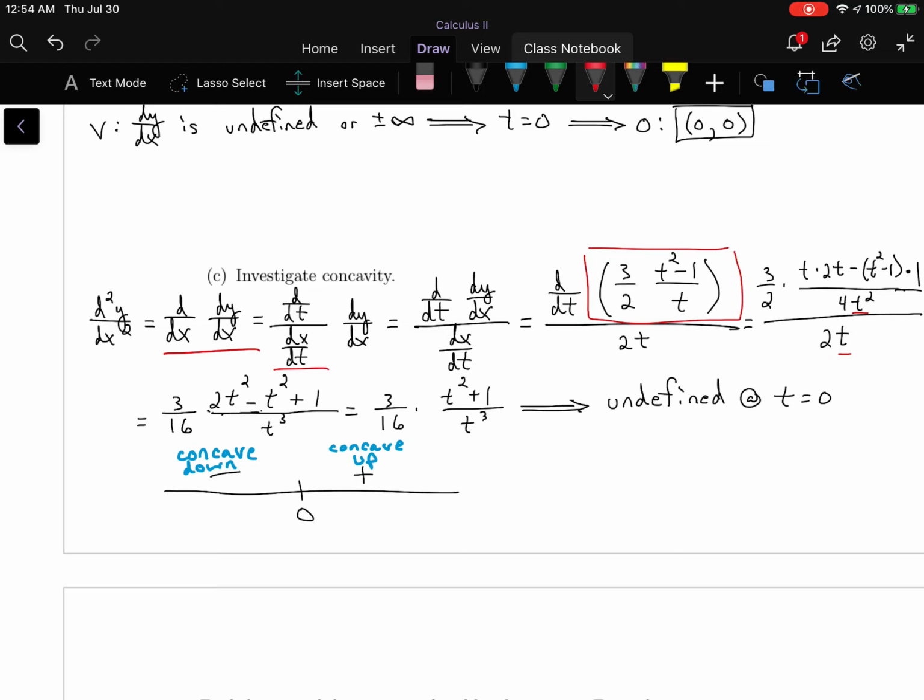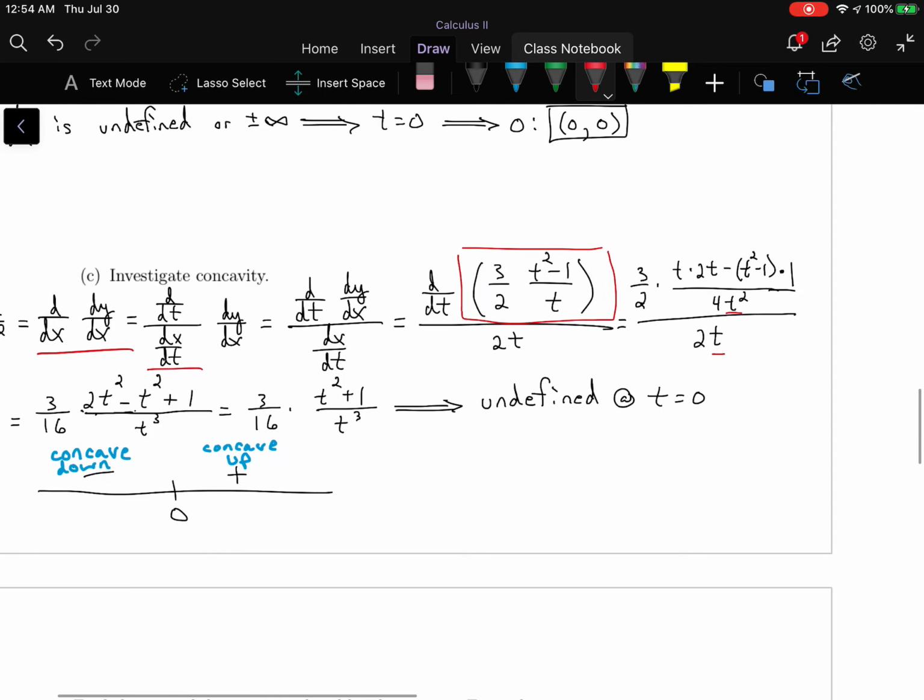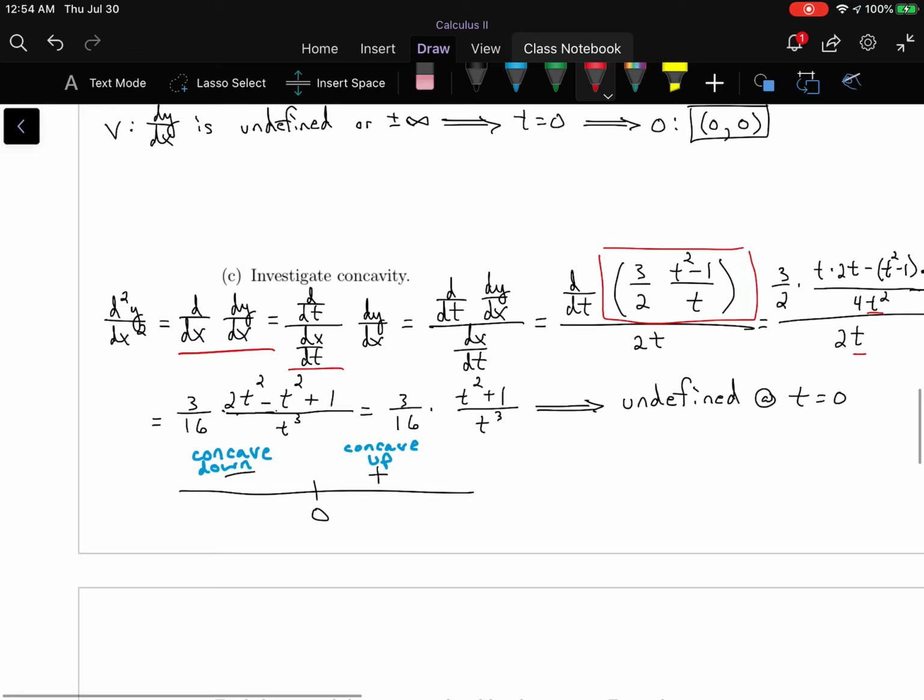You cannot bring that into the derivative on top, at least not yet, not until after you've taken the derivative of the numerator. When you do that, you get what I have on the top line on the right side. And when you simplify, you end up with 3/16 times (t squared plus 1) over t cubed.